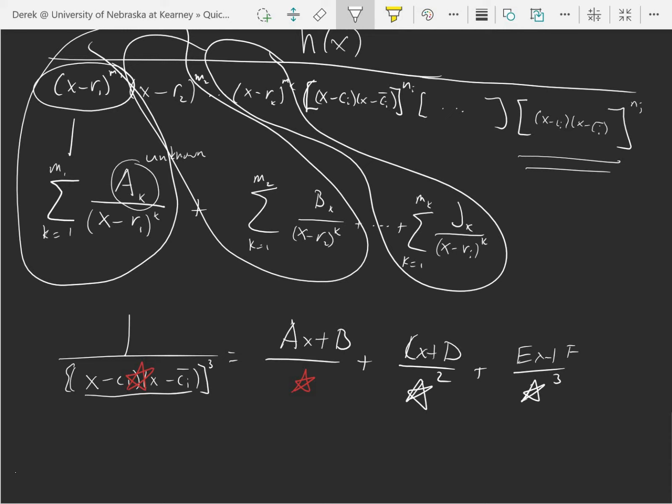And so I have to do this 3 times because the multiplicity of this factor is 3.